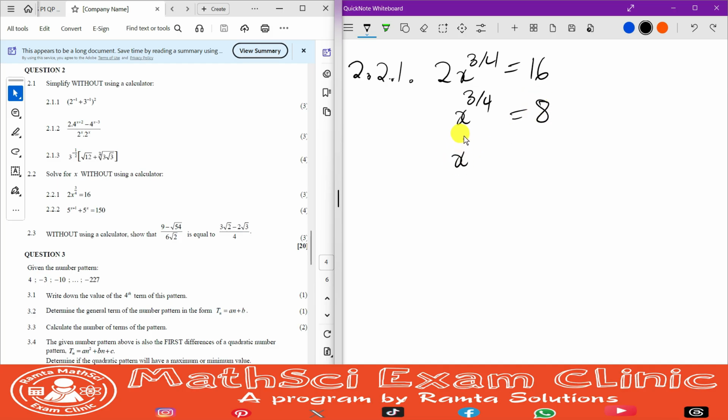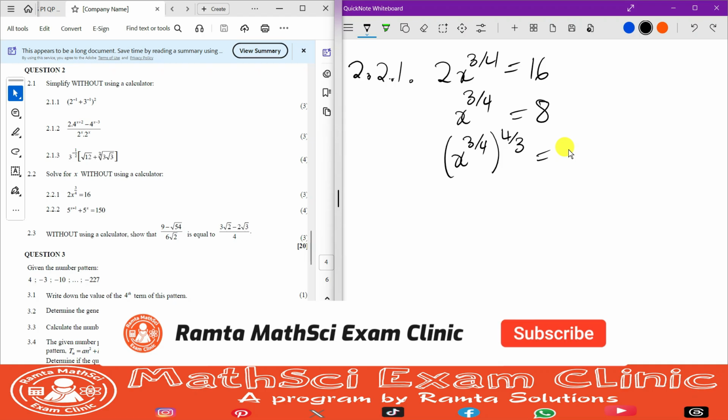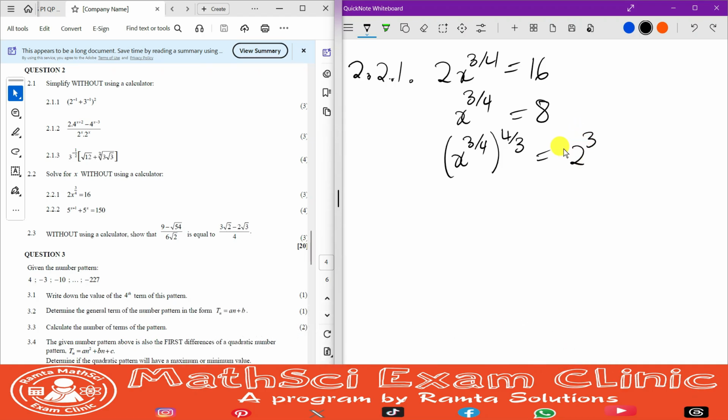Now, I will multiply the power by its reciprocal. Since it's 3 over 4, the reciprocal will be 4 over 3. And what I do on the left-hand side, I must do on the right-hand side. I see 8 is the same as 2 to the 3. Right? I'm going to do the same thing, 4 over 3.